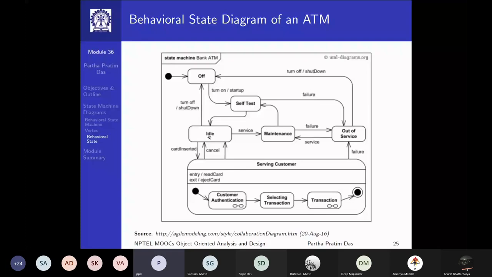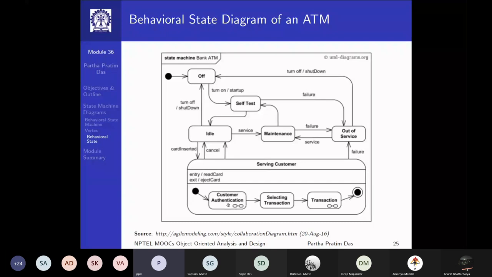Now, if the self test succeeds, then I get into an idle state where I insert the card. As I insert the card, I get into a servicing customer state, which is a composite state, as we have seen. So that has an entry condition of reading the card and the exit condition of ejecting the card. So this is what you do at the entry and exit of the state. And then you have different substates: customer authentication, selecting transaction, and the transaction itself.